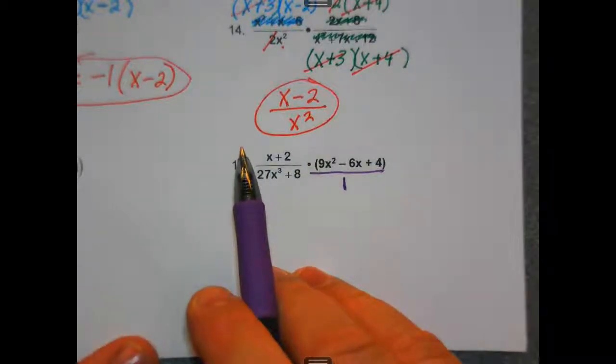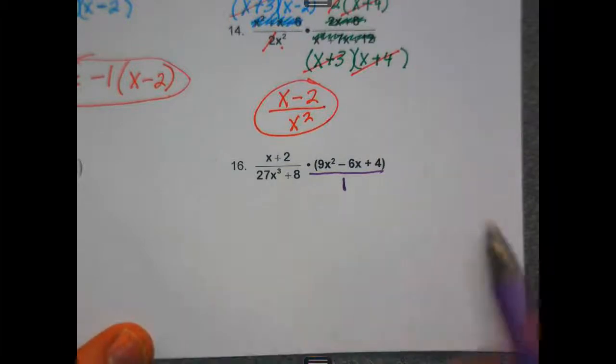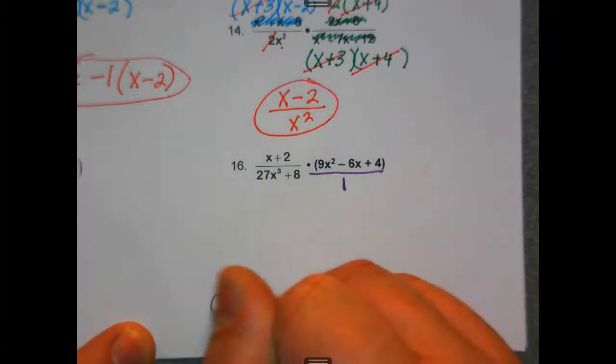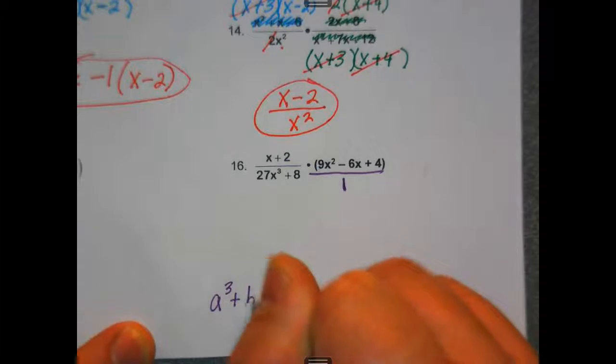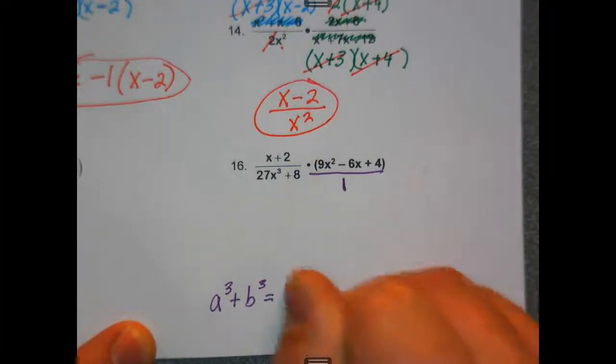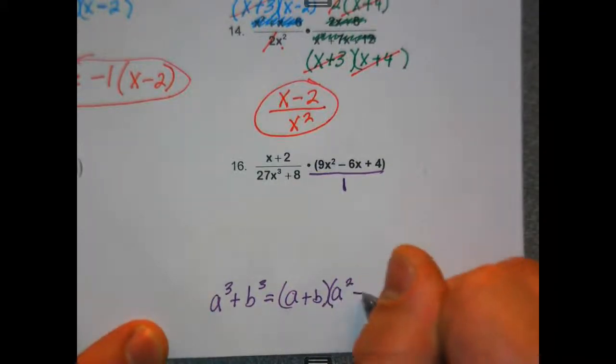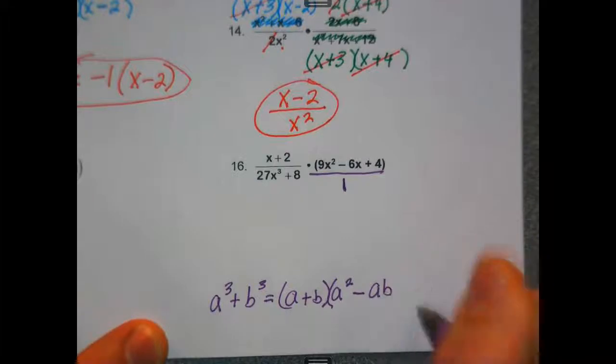And since I have my factoring flowchart in front of me, I know that a cubed plus b cubed equals a plus b times a squared minus ab plus b squared.